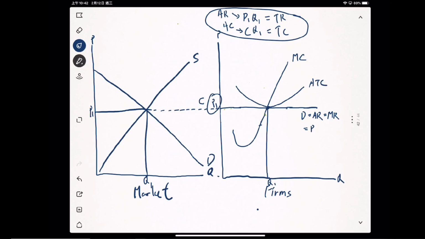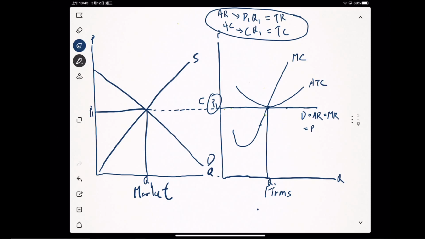This is the second possibility. It depends on how the question asks you. When the question asks you to draw a perfect competition diagram where the firm has normal profit, you are going to draw this.